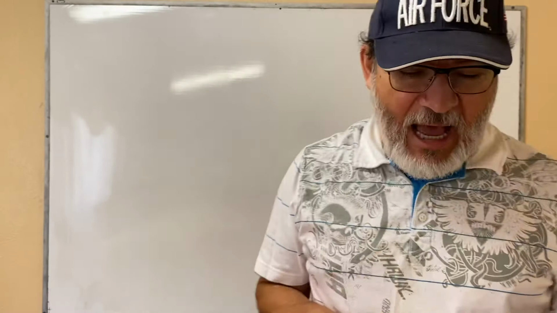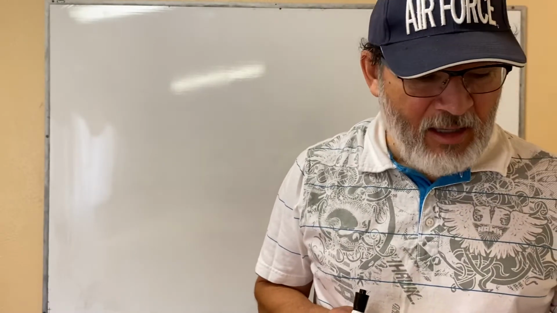In section 7.6, good class, we have special right triangles. We have the 30, 60, 90 special right triangle. We also have the 45, 45, 90 special right triangle, okay?